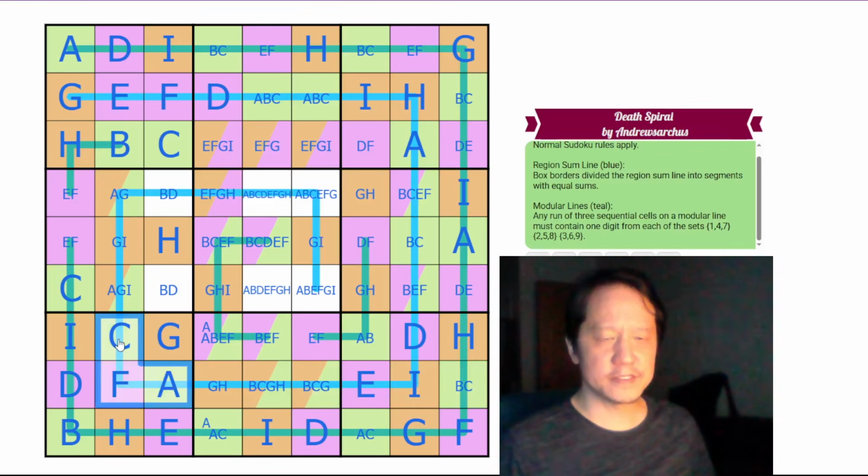A, F, and C add up to the sum. So this cannot be A and C and D. It's A, B, and D. So therefore, this is C, this is A, that's C, which makes that B and A. A cannot be here. This is B here. No C here.